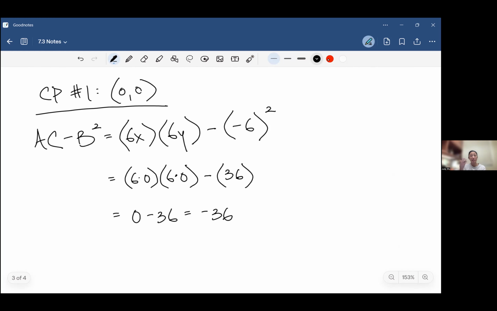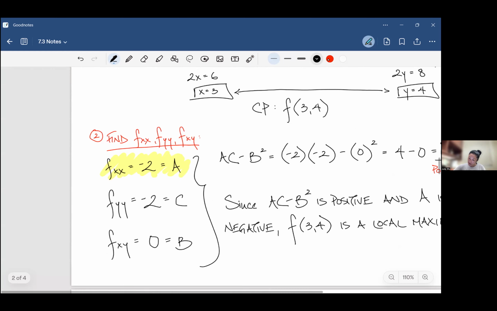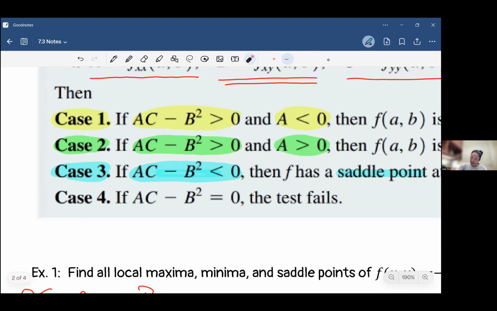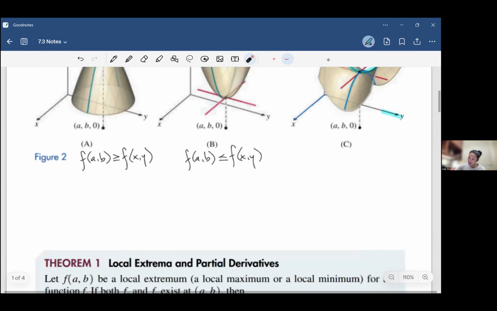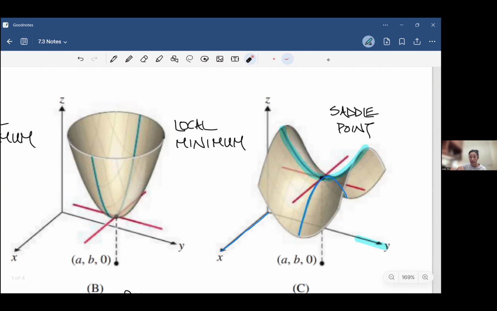Okay, let's go back up to our chart and see what this tells us. If my value is negative, then it's case 3, and that means I have a saddle point at (0, 0), which is the one that looks like this: the highest in one direction, but simultaneously the lowest in the other.